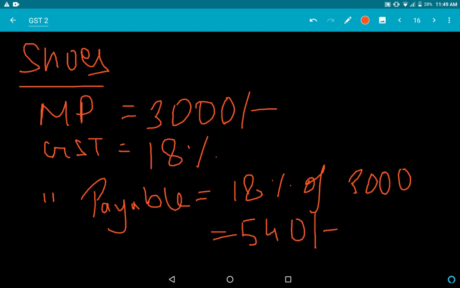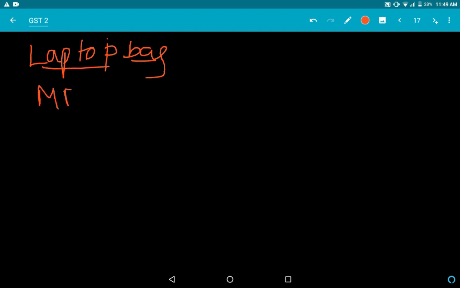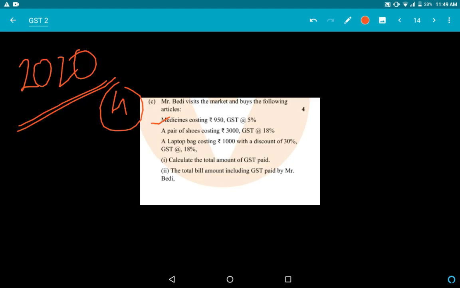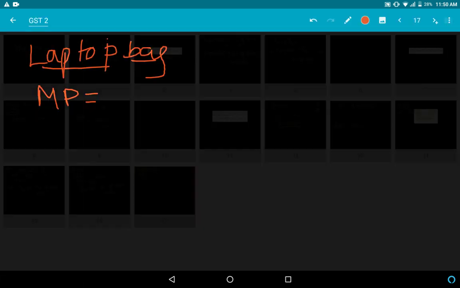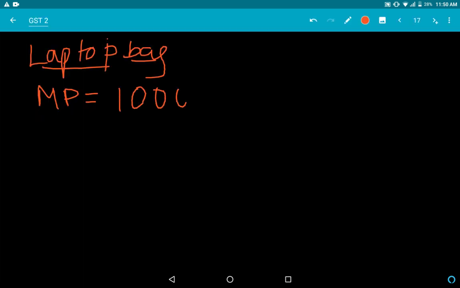Understand? Then you have to write laptop bag. Now laptop bag has a discount. So MP will be here. What will be the MP? 1,000, I think. Okay, 1,000, and discount is here 30%.